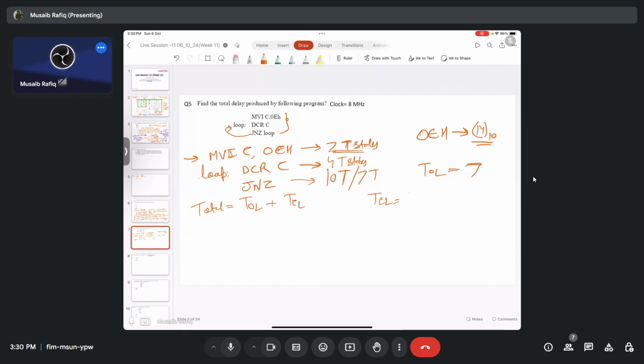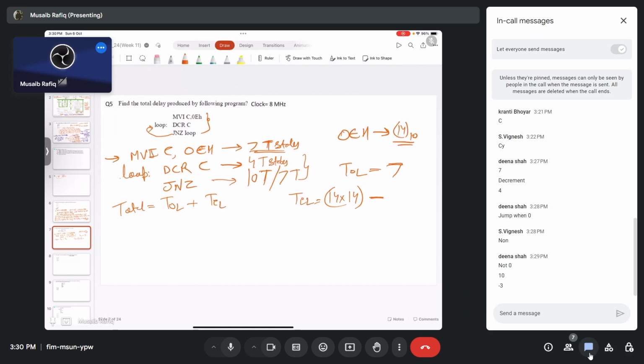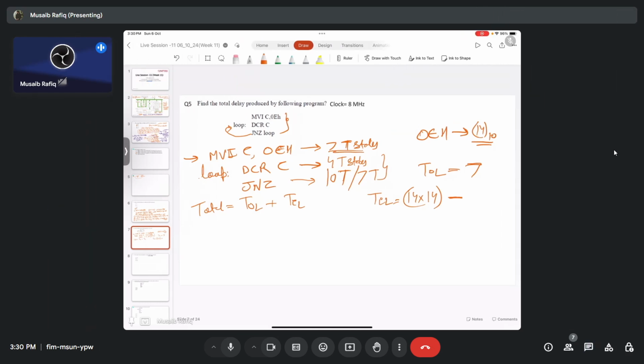So it's 14 multiplied by the states inside the loop, 10 plus 4, that is 14. 14 is from the count and 14 is the states inside the loop. Do I need to subtract anything? Yes, minus 3. So I'll subtract 3.